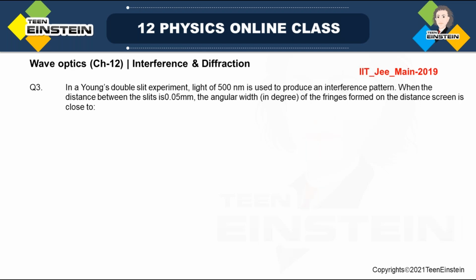In a Young's double slit experiment, if light of 500 nanometer is used to produce an interference pattern, when the distance between the slits is 0.05 millimeter, the angular width of the fringes formed on the screen is close to what?